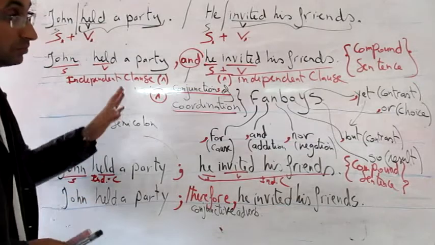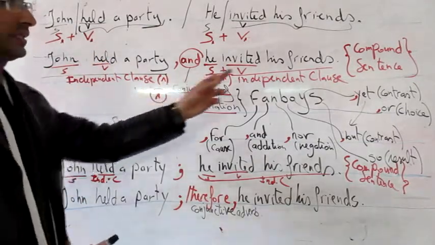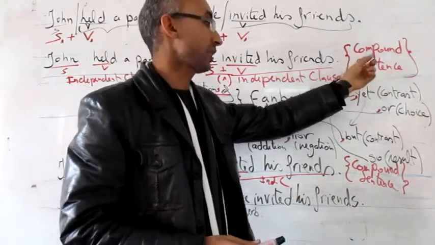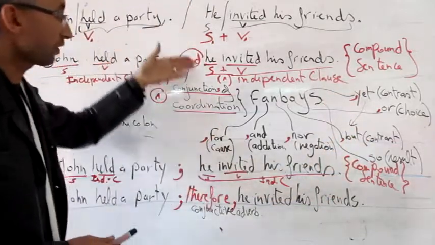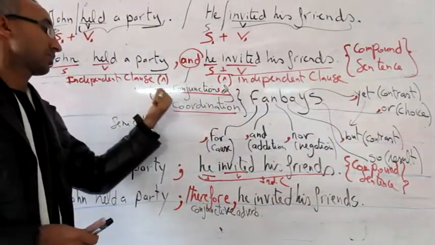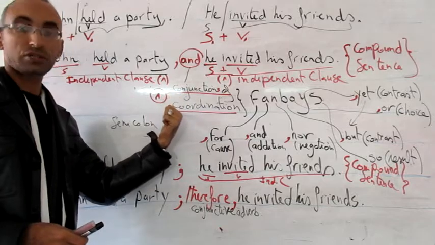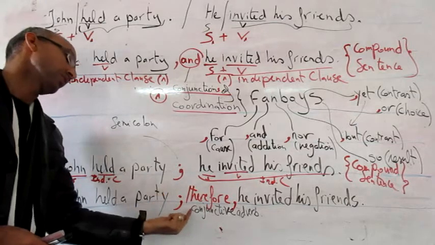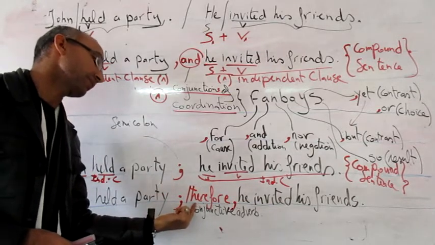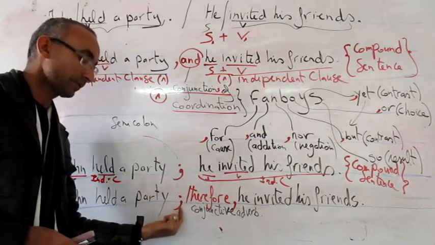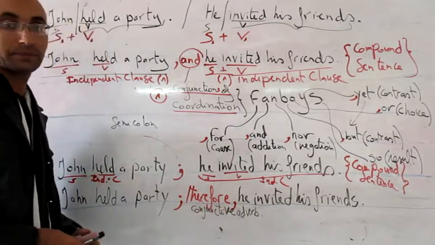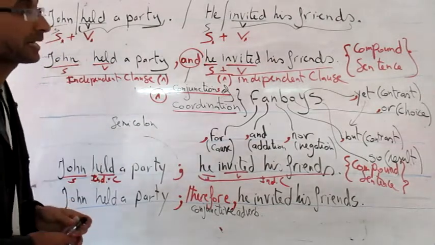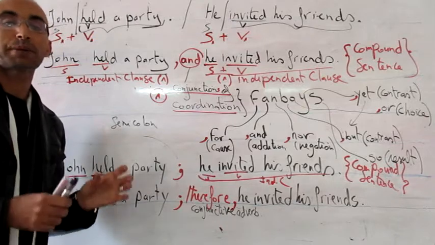For example, if we want to add another clause here, which is independent, we can join it to the previous clause by means of one of these markers: either a conjunction of coordination, or FANBOYS, or only a semicolon, or by using the appropriate conjunctive adverb preceded by a semicolon and followed by a comma. So this is my second type of sentences, which is the compound sentence.